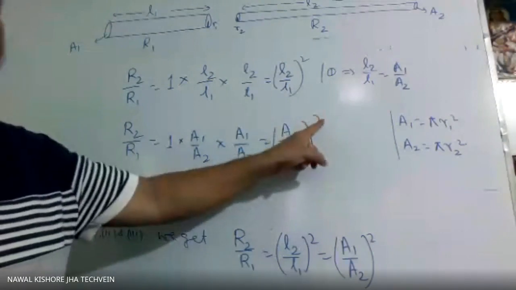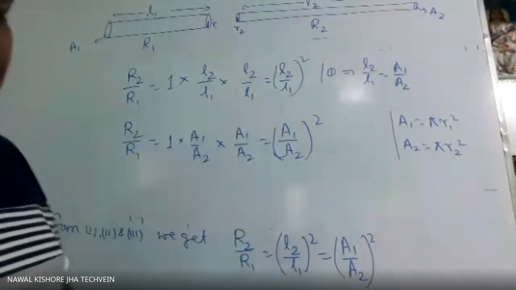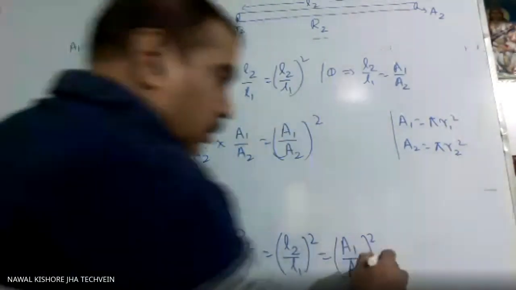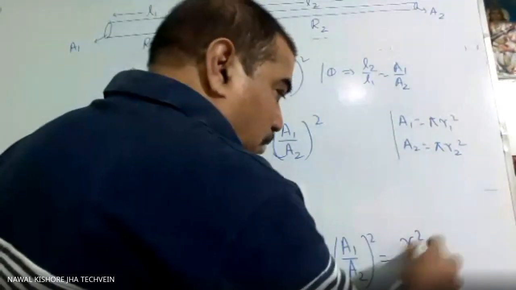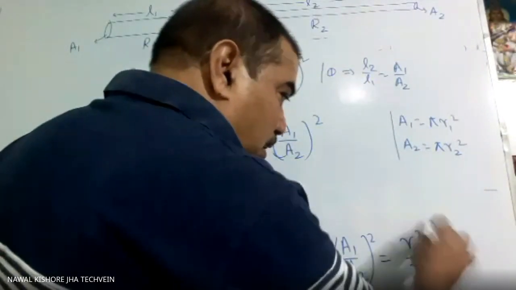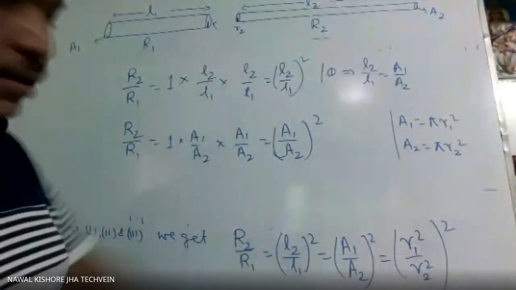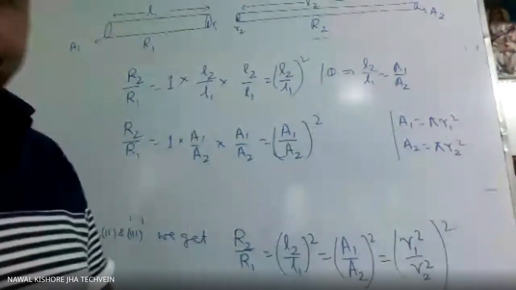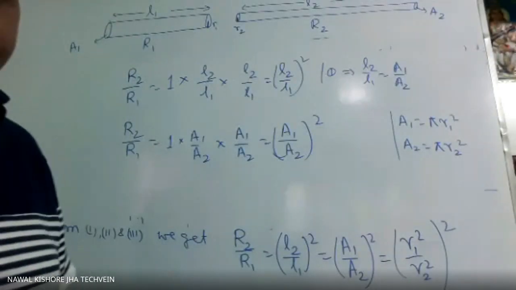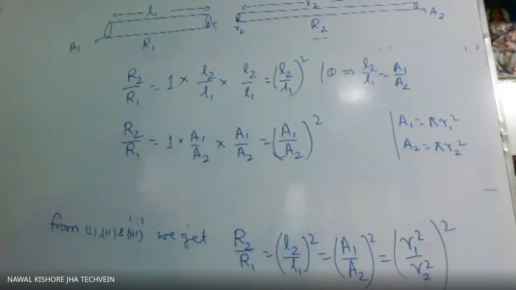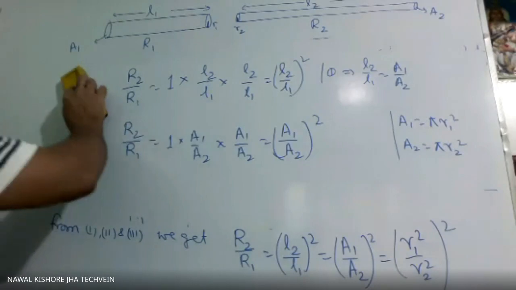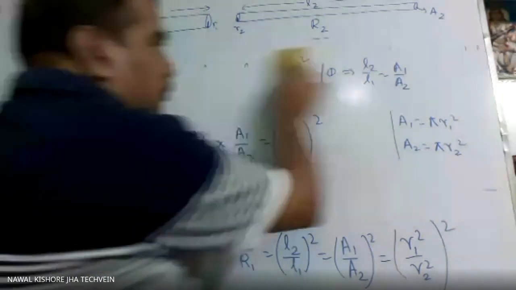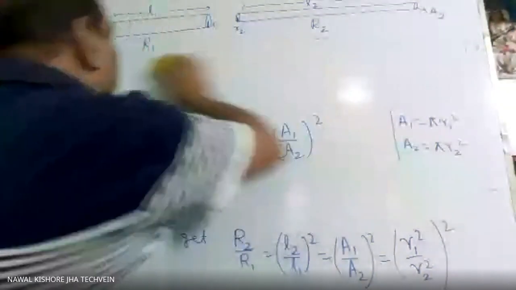It is already square over this. So R1 square over R2 square whole square, that is to the power 4. Yes, sir.